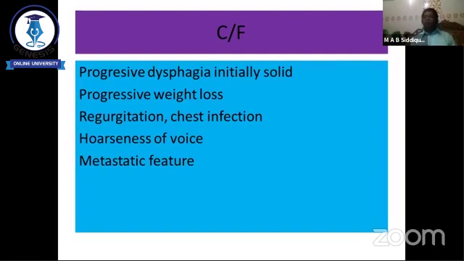And progressive weight loss, regurgitation, chest infection, and one of the important features is hoarseness of voice due to recurrent laryngeal nerve involvement. If there is metastasis to the lungs or other sites, the features of metastasis are also present. These are the clinical features of carcinoma esophagus.